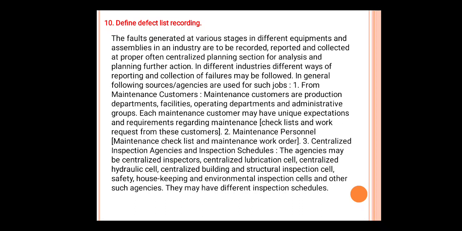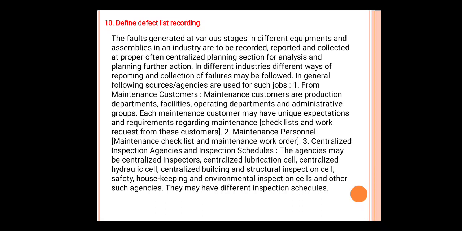Maintenance customers are production departments, facilities, operating departments and administrative groups. Each maintenance customer may have unique expectations and requirements regarding maintenance. And second, maintenance persons, which includes maintenance checklist and maintenance work orders. Third, centralized inspection agencies and inspection schedules.